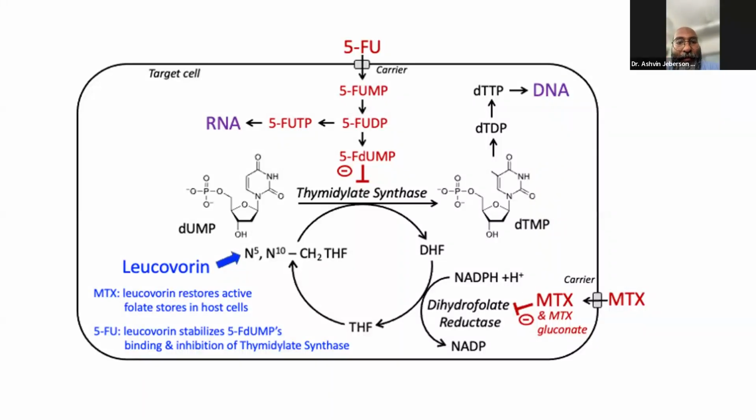When we add leucovorin, it will bind to this complex, and it will become an irreversible bond. So there will be more exposure to this. Ideally, the job of the enzyme thymidylate synthase is to convert 5-FdUMP into dTMP, to thymidine. But that step does not happen, due to which thymidine doesn't get formed. As a result, DNA synthesis doesn't happen, and the cancer cell dies. So that is the whole principle of adding leucovorin for 5-FU and for methotrexate.